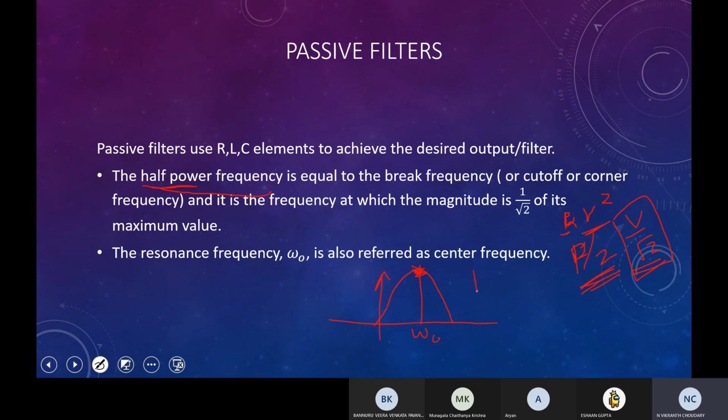You might have studied this as L omega is equal to 1 by C omega, because in the impedance, R plus i times (XL minus XC), when this is 0, then the phase shift will also be 0 and the magnitude would be maximum. That's why this is known as resonance frequency, when the maximum of the magnitude occurs.